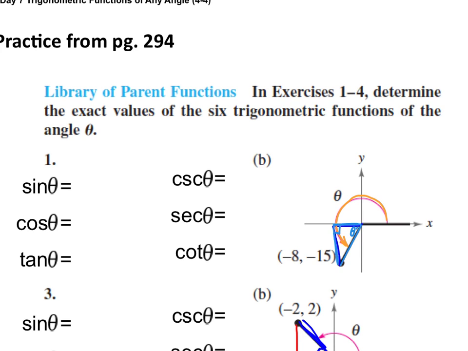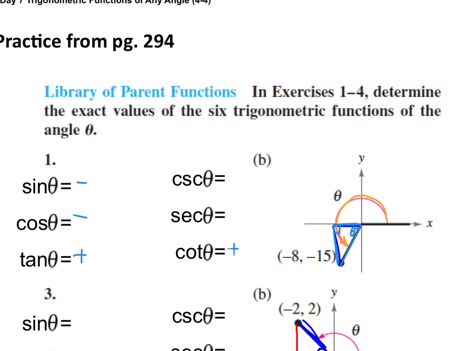Let's do that part first. I'm in the third quadrant, so what's positive? Tangent, and if tangent is positive, cotangent is too. Taking the reciprocal won't change the positive or negative; it only changes the value. So if those are positive, that means sine and cosine are both negative.